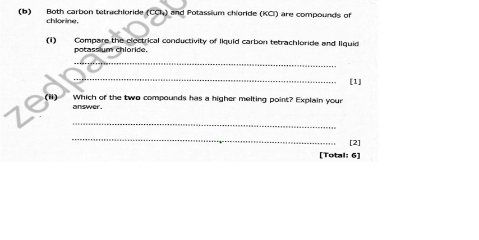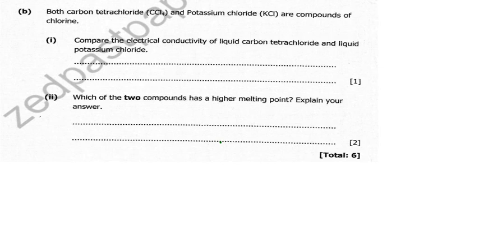For a covalent compound, you have two non-metals or three non-metals and so on, which are just sharing electrons. Then for an ionic compound, you are going to have a metallic and a non-metallic element, where the metallic element loses electrons and the non-metallic element gains those electrons. From the two, we can see that carbon tetrachloride is made up of non-metals only, so this is a covalent compound, and potassium chloride is an ionic compound.